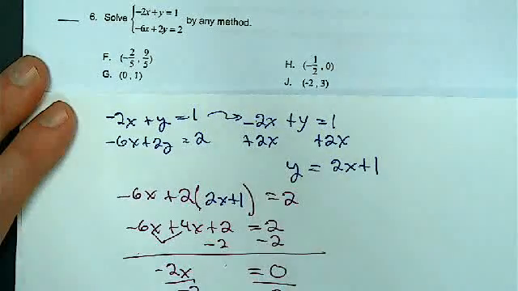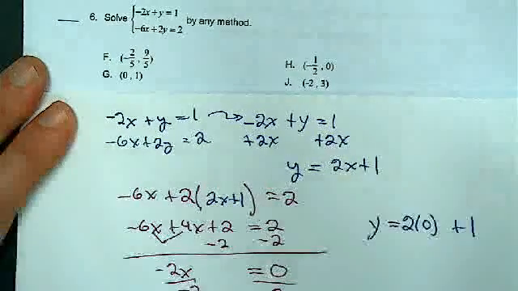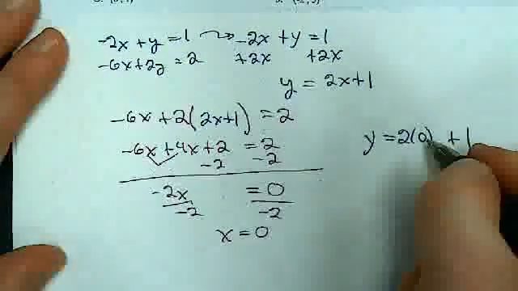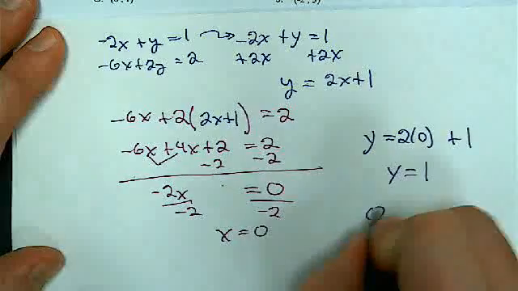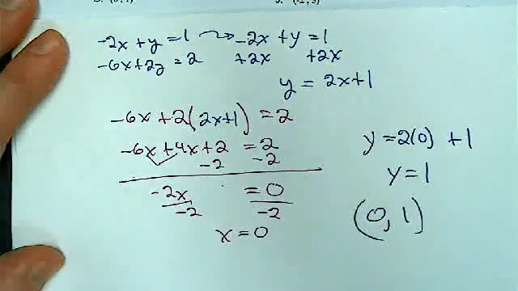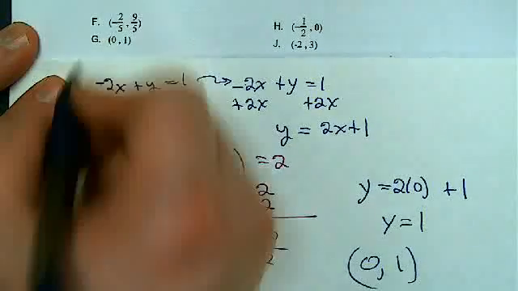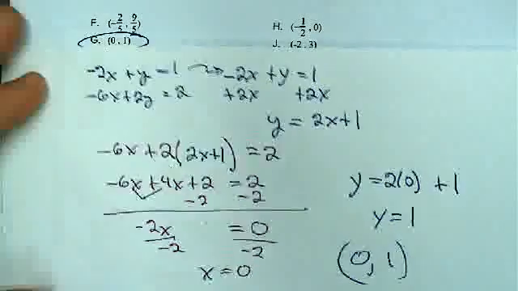And then according to my key, plug in for x. That's this equation here. And I get y is 1 for an answer of 0, 1. And if I go back up to my answer choices, there it is right there with G. And this was number 6.